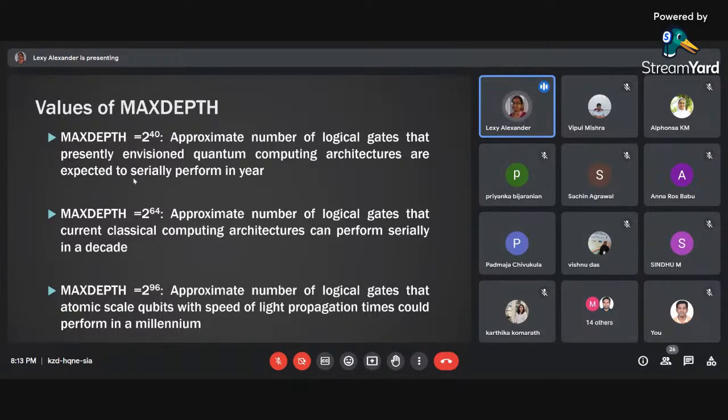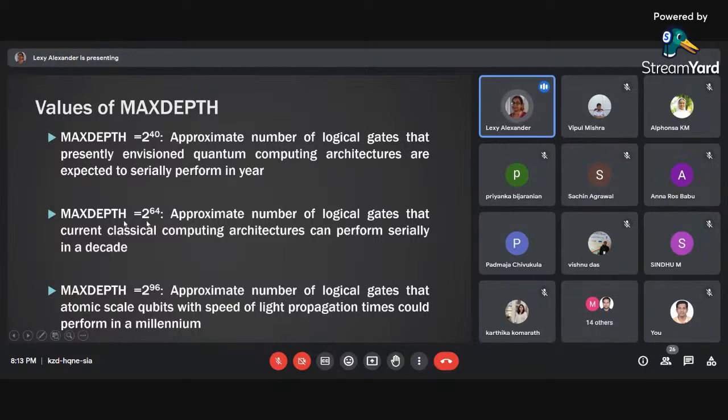So NIST is telling that in a year, a quantum computer, as per present architecture, can perform circuit length of size 2 power 40. So that attack will take 1 year to recover the key. So it will give only 1 year cover time for your secret information.